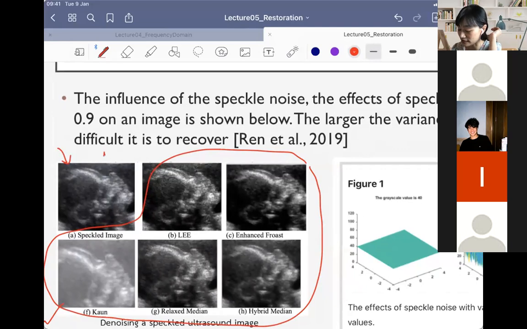But if you see the combination of colors, it looks very different, very strange, a combination of red and green and blue, and you see a very different color. So I think that is the effect of the speckle noise. They're trying to use many different techniques, like statistical techniques, to estimate or recover an ultrasound image without the speckle noise.